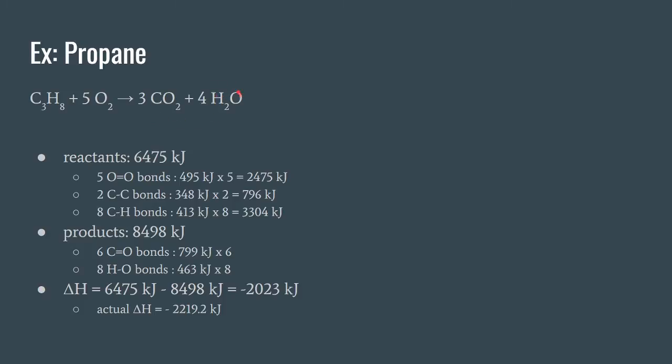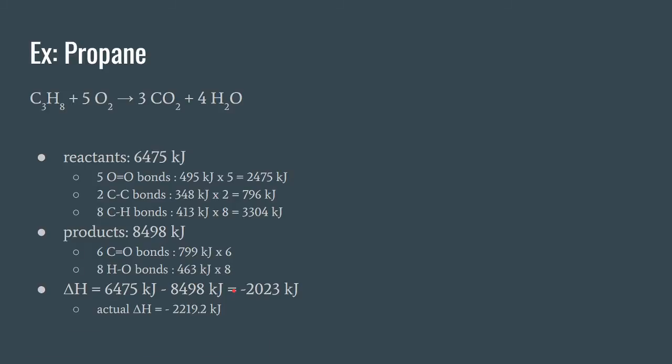And then likewise for water, 4 water molecules means 8 oxygen-hydrogen single bonds. So 799 times 6, 463 times 8, you add them together, 8498. Reactants minus products, 6475 minus 8498 is negative 2023 kilojoules per mole.